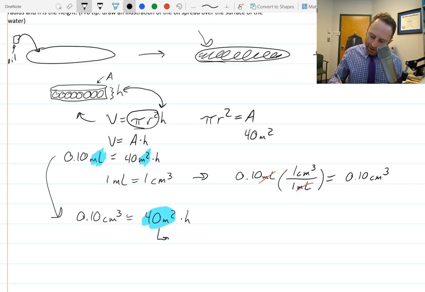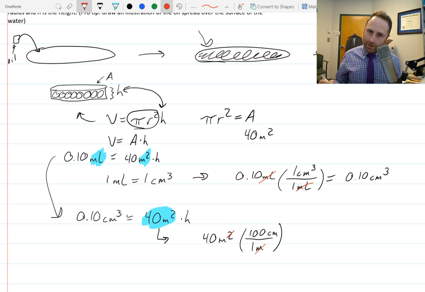To do that, I'm going to take my 40 meters squared, and to get rid of that meters squared, I need to remember, for every 1 meter, I have 100 centimeters. If I cancel out units, I've got 1 meter down here, and I had meters squared as part of that 40.